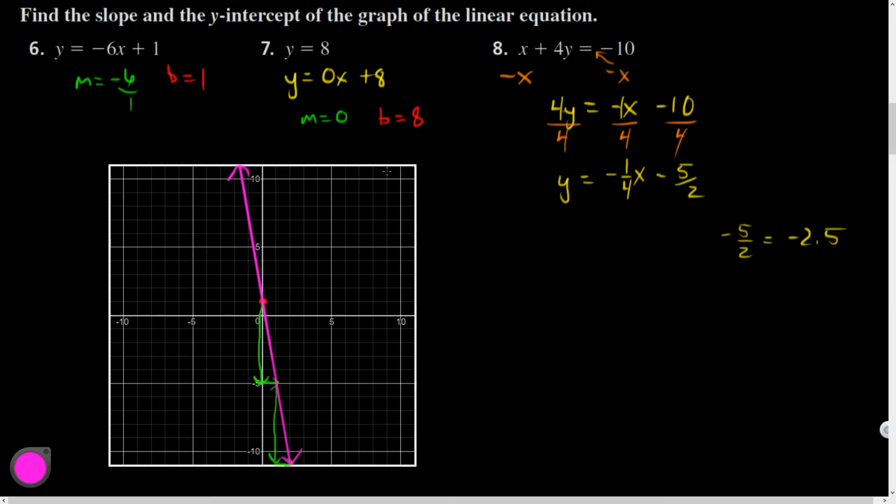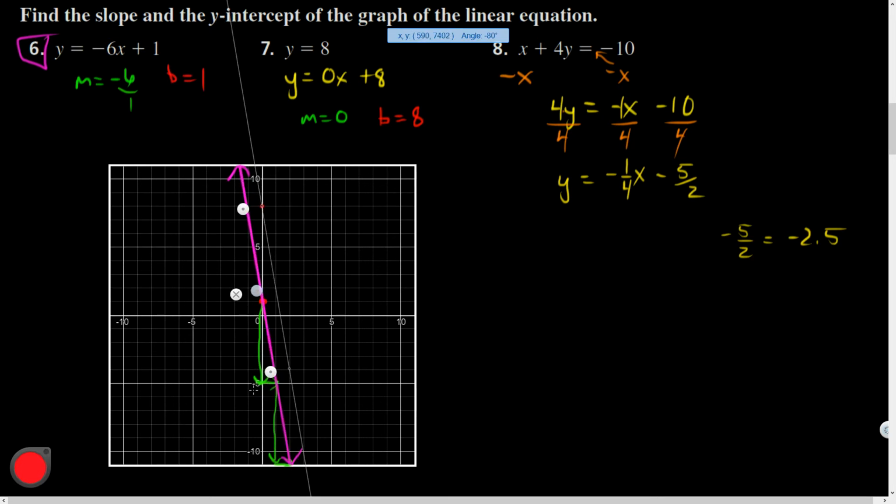All right. So here's question 6's graph. I saw some good work on this one. Slope was 0, and the y-intercept was 8. That's just a horizontal line. You could think about it as going up 0 over 1, up 0 over 1, up 0 over 1, but I don't even think we need to think that far.